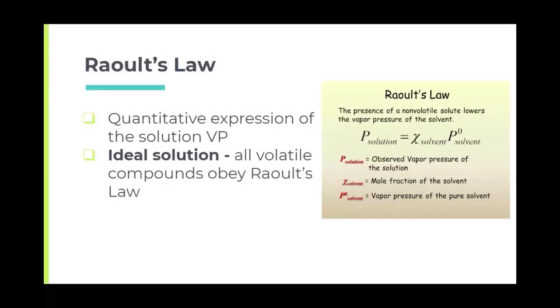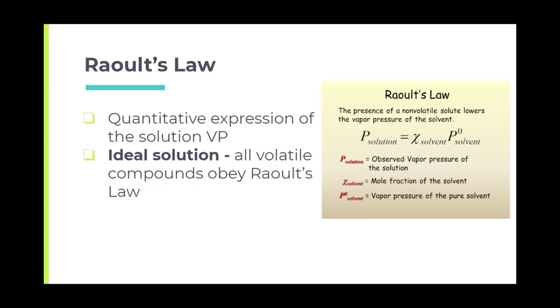And so now we're going to talk about Raoult's law, which is the quantitative expression of the solution vapor pressure. In Raoult's law, we assume that all of the components are ideal solutions. So all the volatile compounds obey Raoult's law, which on the right you'll see: the observed vapor pressure of the solution, which is P solution, is equal to the mole fraction of the solvent times the vapor pressure of the pure solvent.